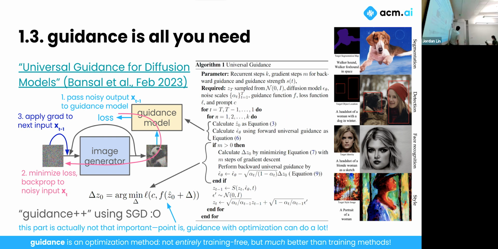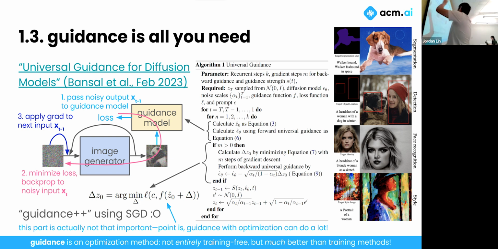You can make the model do grounded generation by optimizing the loss of a localization, like the bounding box model, right? You can make the model generate a certain thing with a certain shape by optimizing it with the loss of a segmentation model, right? So any arbitrary loss we can use to guide the model.